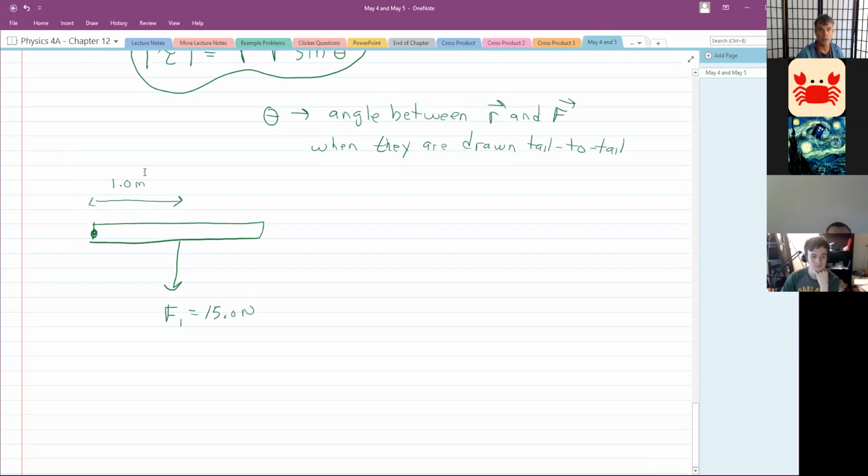So that's going to cause it to rotate. Second force, F2. And let's just say that is 12 newtons. And the distance, let's make that 1.4 meters. And the question is, what is the net torque?